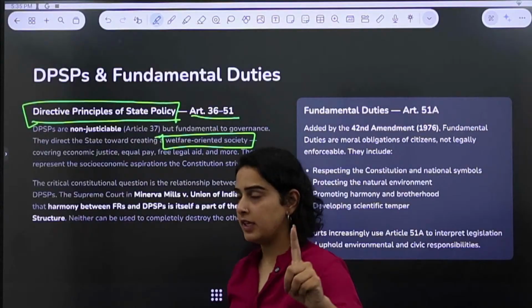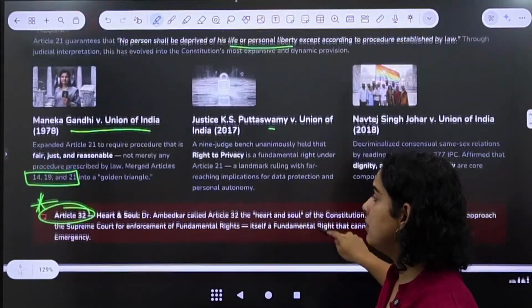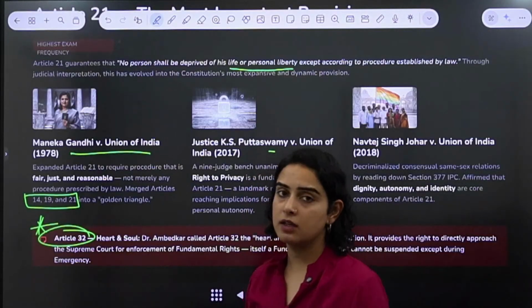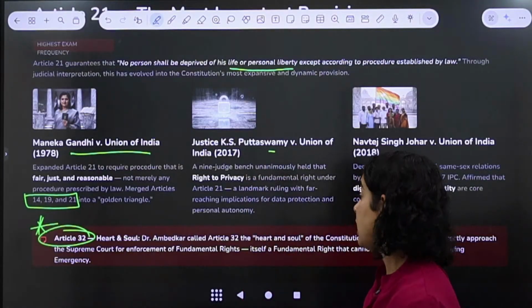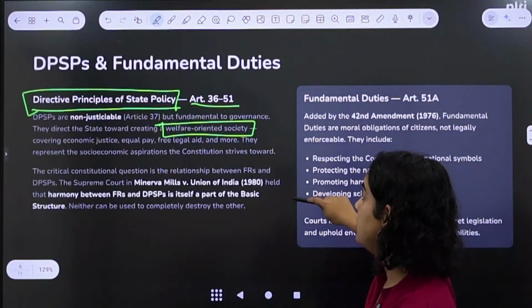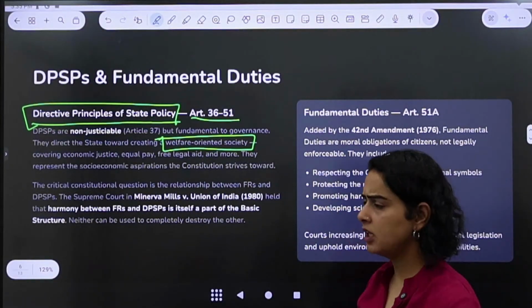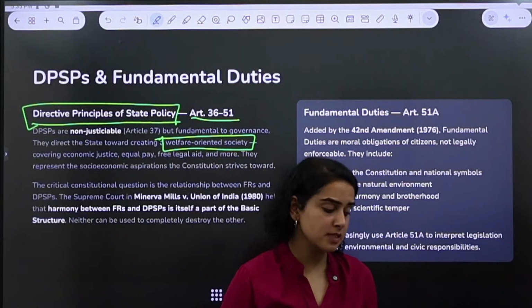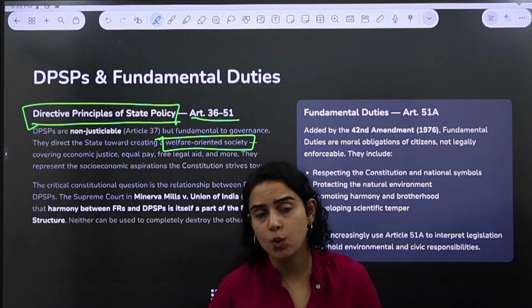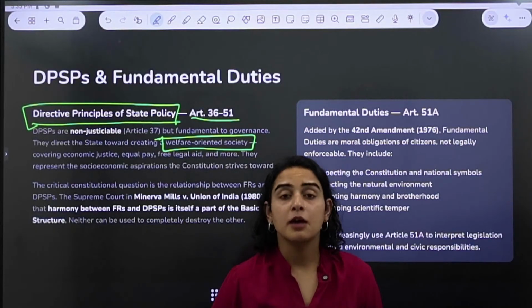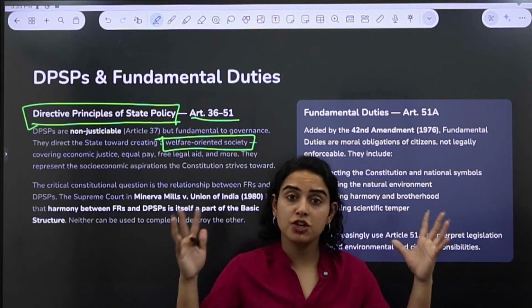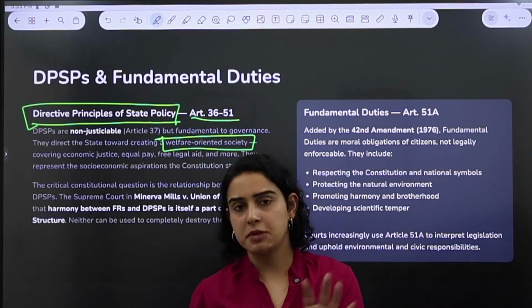I said one thing, that if ever your fundamental rights get violated, you can directly go to the Supreme Court using Article 32. But if ever any of your DPSP gets violated, now what are DPSPs? Like I've already mentioned, you have several DPSPs like Uniform Civil Code, free legal aid, protection of environment, protection of wildlife, right, protection of culture and heritage of India, and much more, right?